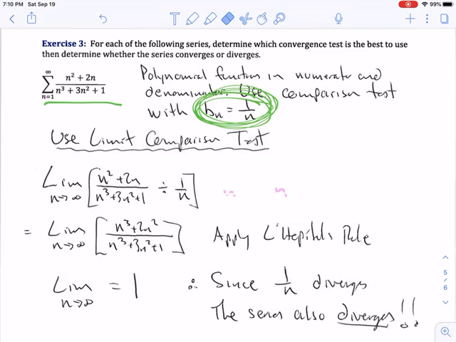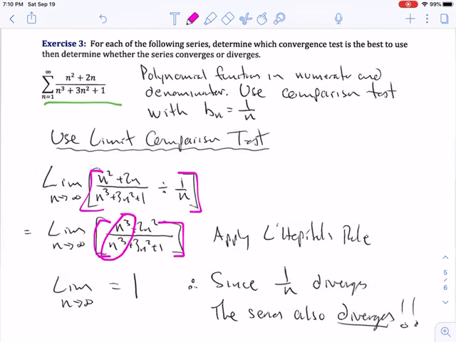So let's take a look at the limit comparison test. It says we take the limit of the ratio of a sub n over b sub n. That's what we've got here. Simplifying all of that, we end up with this. Applying L'Hopital's rule 2 or 3 times, or just looking at this intuitively, the leading terms are n cubed over n cubed.